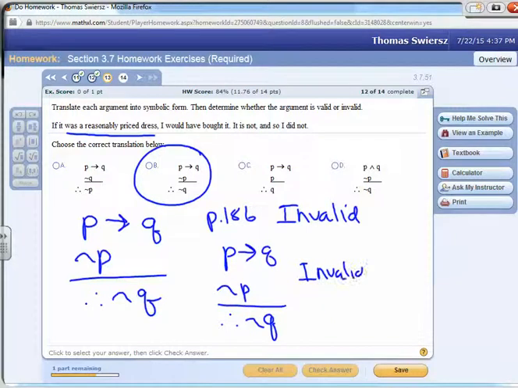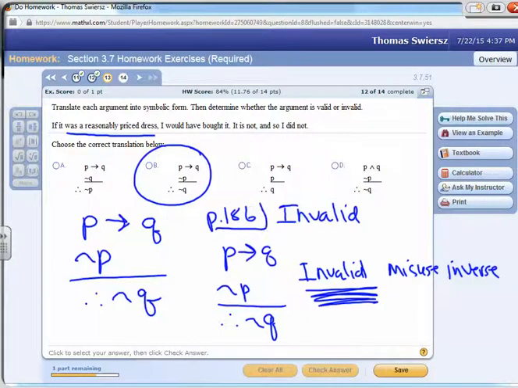It's the misuse of the inverse, or fallacy of the inverse, because the inverse is not logically equivalent to the original conditional. So if you got if P then Q, you can't assume not P implies not Q. Since this follows the format of one of the invalid arguments on page 186 of the textbook, we know that the argument is definitely invalid.